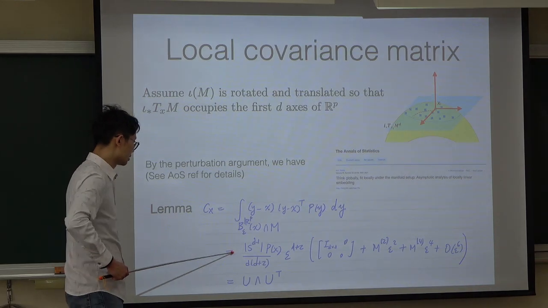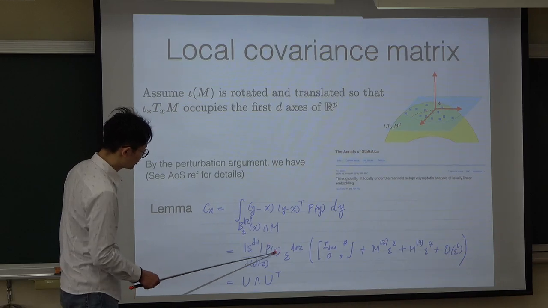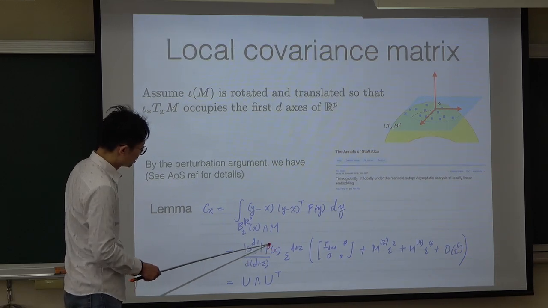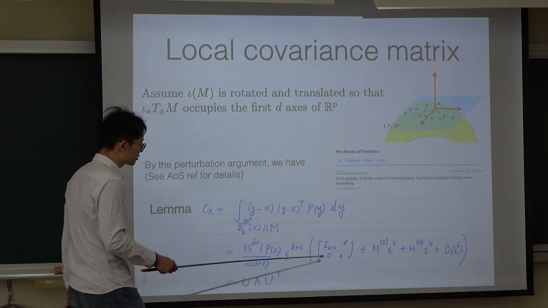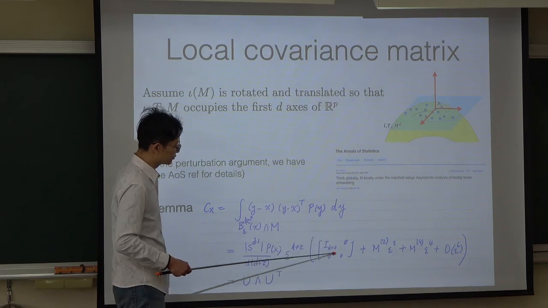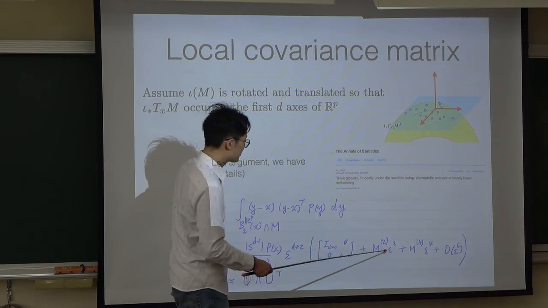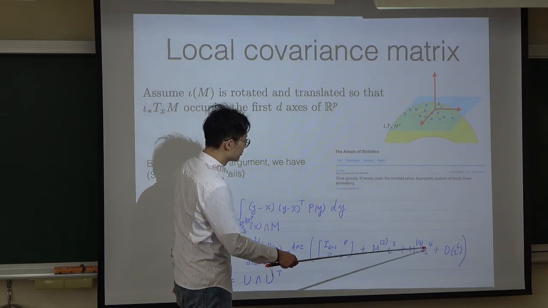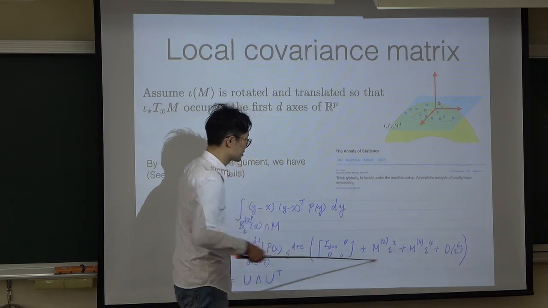You have some constant in front, and you have p of x, the density function, and epsilon raised to the power d plus 2, and that's the major term. You have a dominant term, which has the identity of size d by d and all the other entries zeros, and then you have an epsilon squared higher order term, a fourth order term, and a sixth order term, etc.